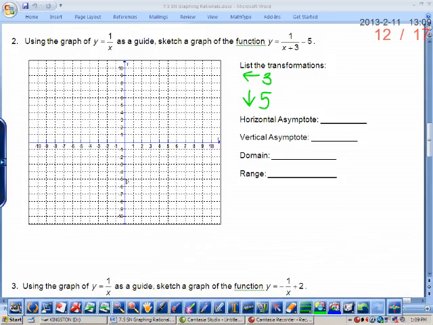So you're going to draw in, remember, use a dotted line, and you want to label with your equation. All right, where is your vertical asymptote going to be? Left 3, so what's it going to be at? -3.